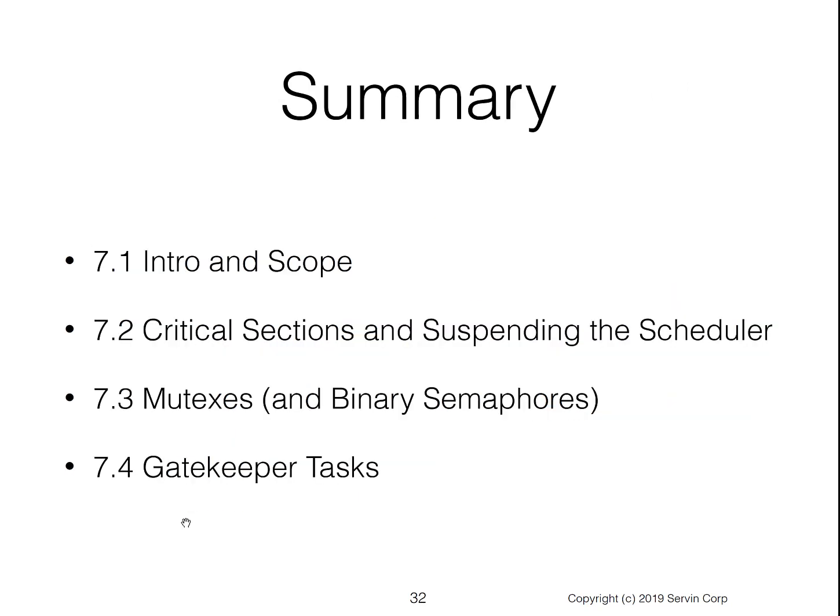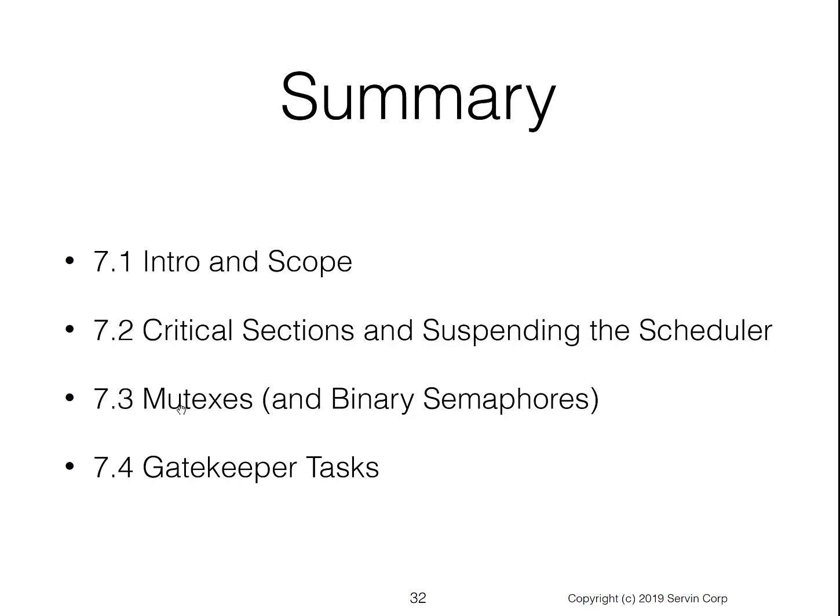To give a summary, we've looked at how you can do resource management. We've seen how you can have critical sections. We've also seen how you can suspend the scheduler. We looked at the functions for entering and exiting critical sections. We saw how you could suspend all from the scheduler and also resume.